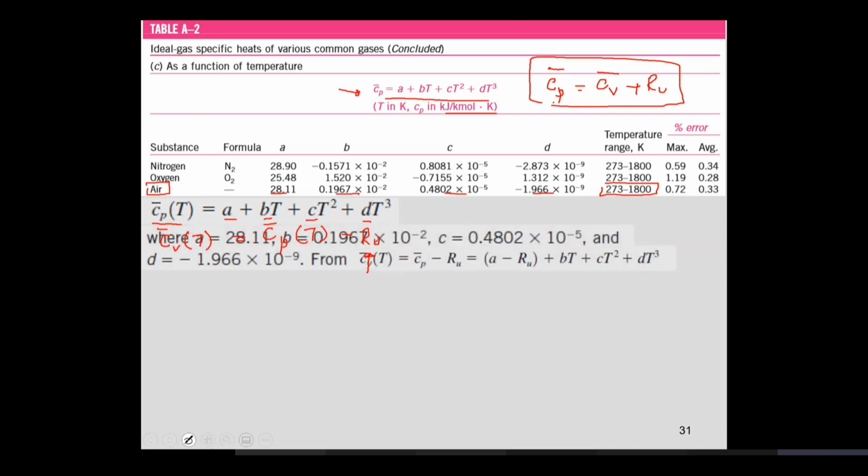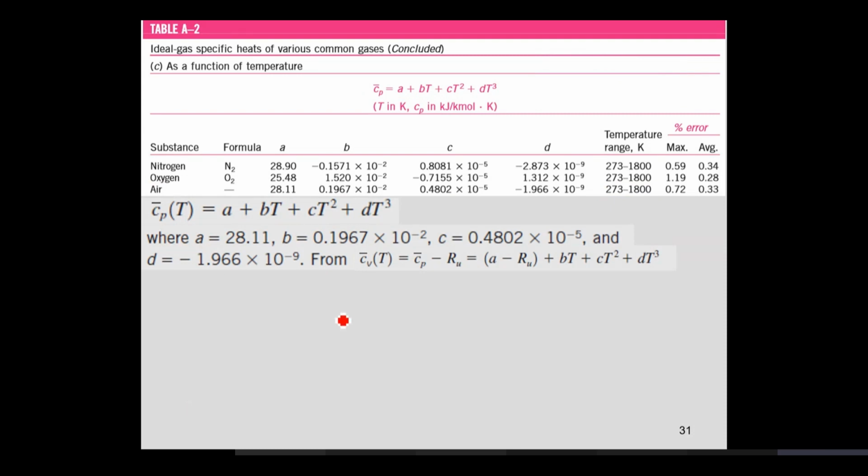So if I do Cp minus Ru, instead of A for Cv, the constant would be A minus Ru. Is it clear to you how you would find out the relationship? Yes, sir.